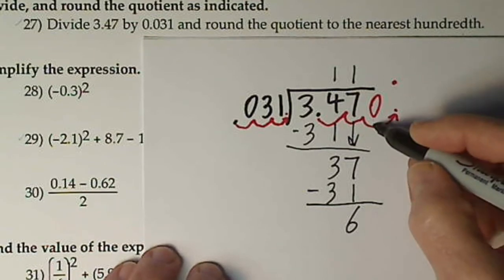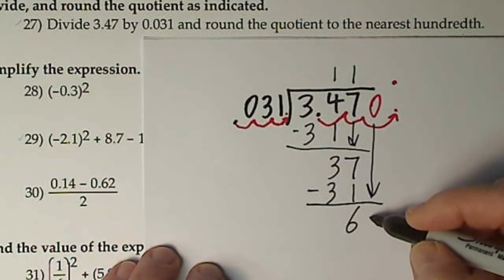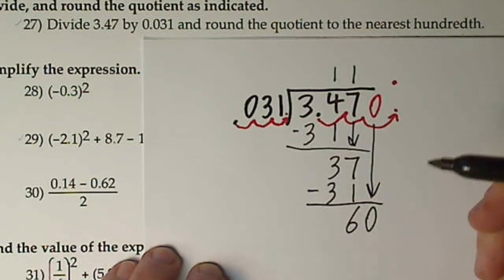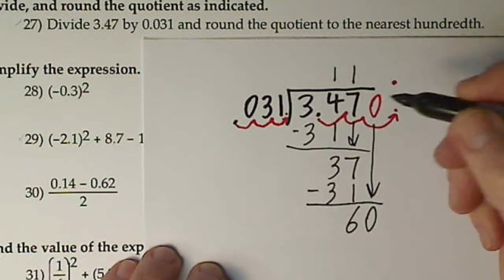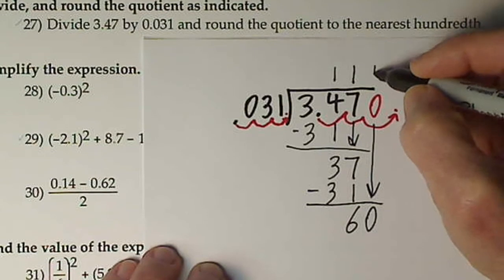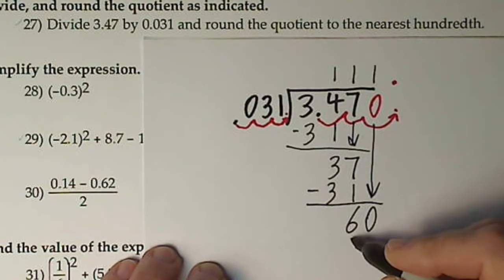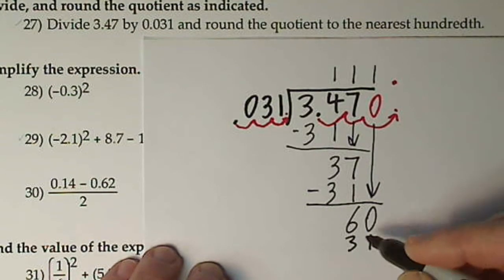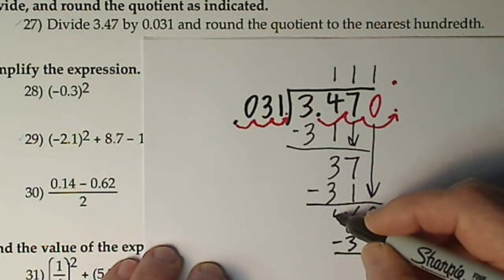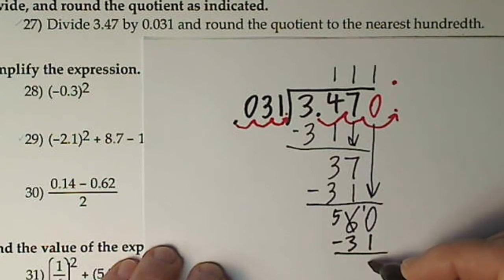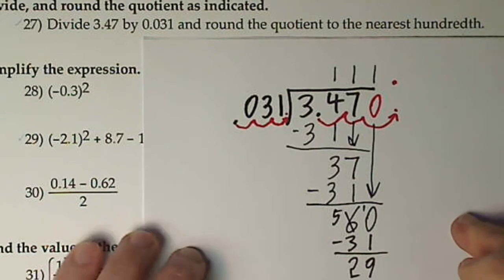Bring down your next digit. 31 goes into 60, not even twice, right? Because twice would be 62. So again, it's 1 time. I'm going to have to start writing a little smaller. I'll run off my page real fast. So there's 29. Okay. And I'm supposed to keep going.